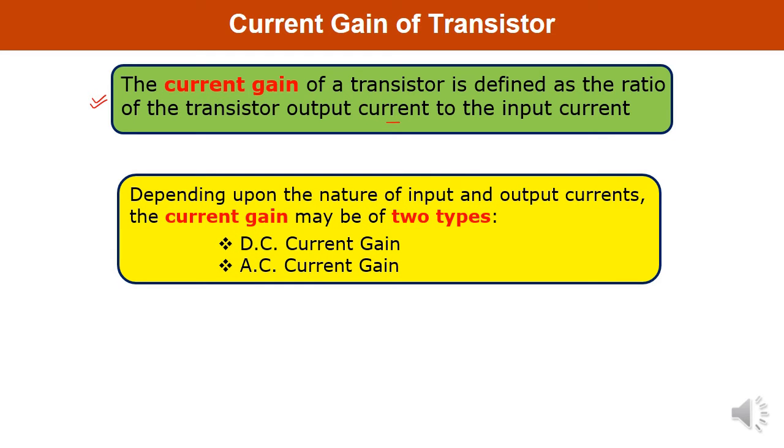Depending upon the nature of input and output currents, the current gain may be of two types: DC current gain and AC current gain. You can calculate both types of current gains, and you can easily calculate current gain if you are capable of drawing the circuit, that is, what kind of configuration it is, what the input current is and what the output current is.